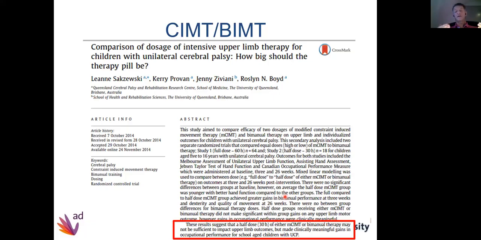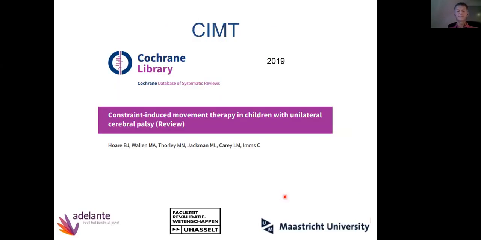They found that both therapies had equal effects on motor activity related to the upper limb, but that the dose matters, up to 90 hours or 60 hours. If you get below 30 hours, the effects are really less, and at follow-up the effects are very low. So that is an important message.